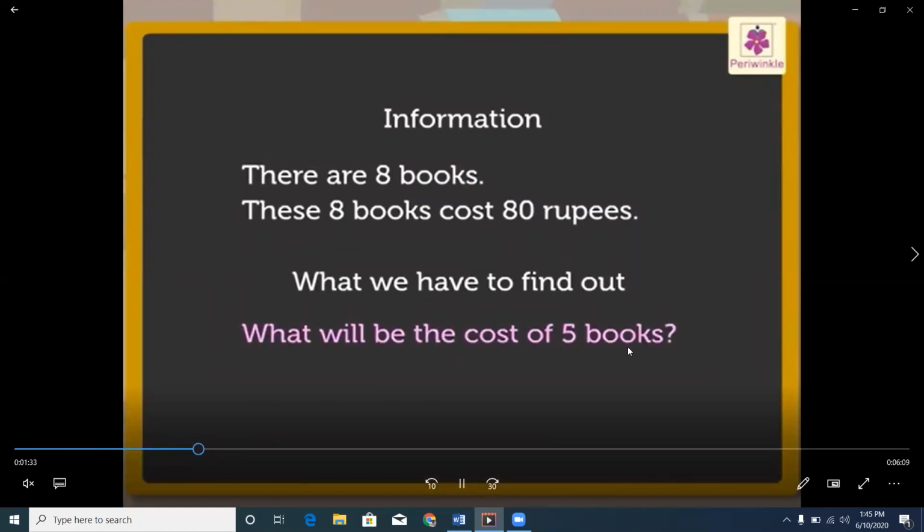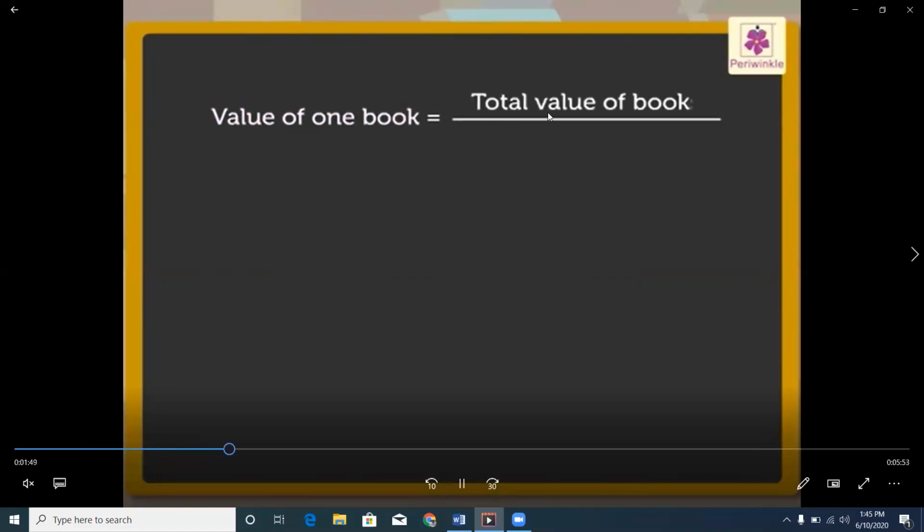For that, she has to find out the value of one book, or the price of one book, which equals the total value of the books divided by the number of books. Total value is rupees 80 and number of books is 8.